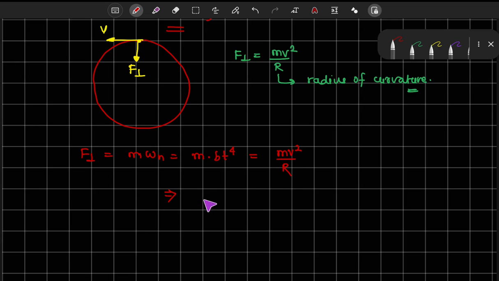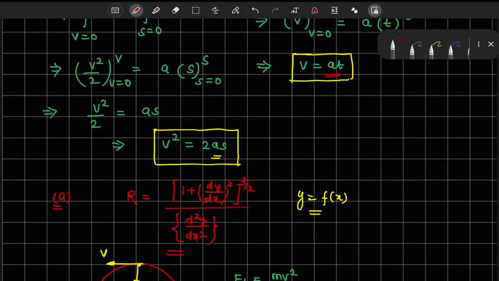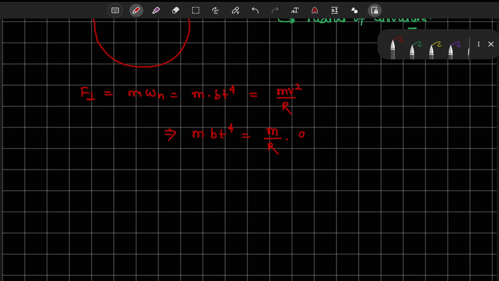Okay, so from here we will get m times bt to the power 4 is equal to m by r into the velocity that we have found out as at. So we can write a square into t square. So m will get cancelled, and we can find r is equal to a square divided by bt square.